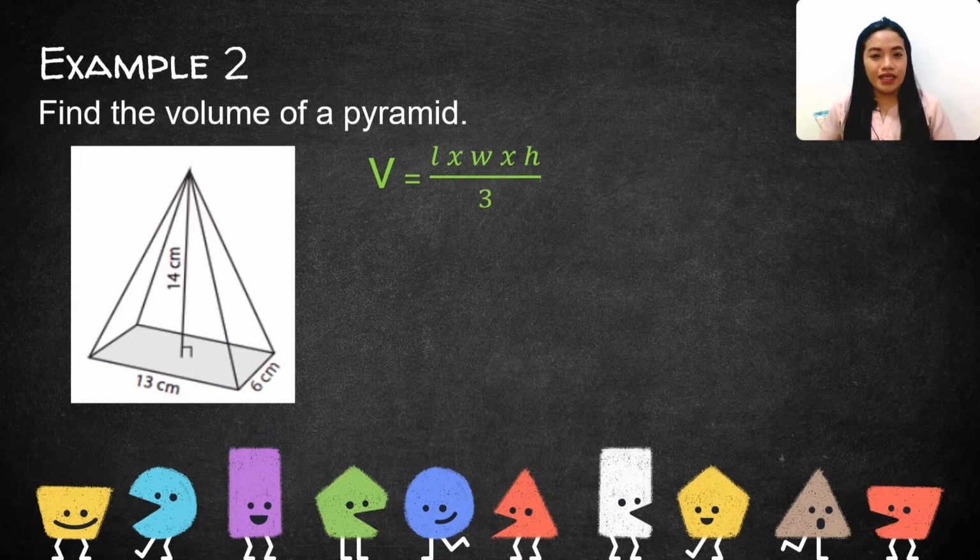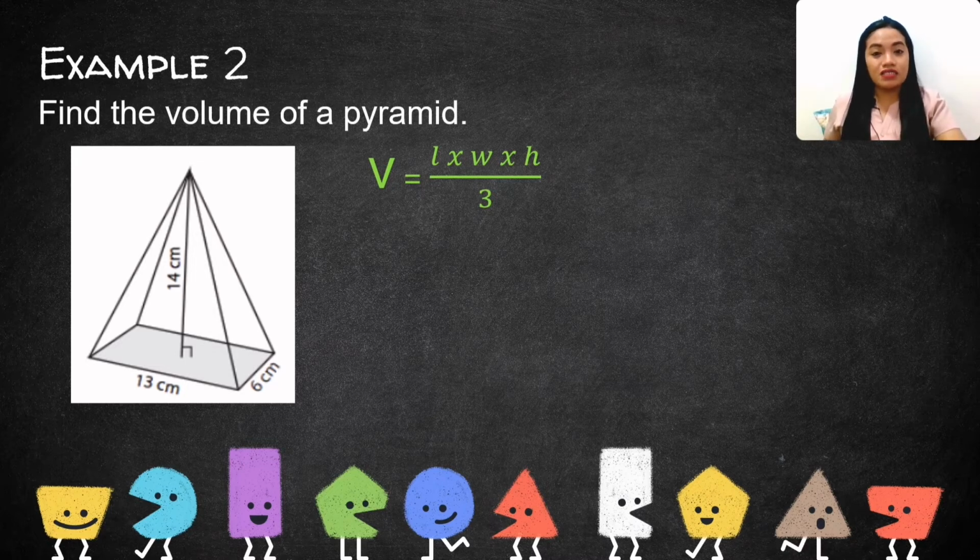So, sabi nga natin kanina, ipinakita ko doon sa video kung paano yung relationship ni pyramid at ni rectangular prism. Si pyramid ay 1/3 lamang. Uulitin ko, 1/3 lamang ni rectangular prism. Kaya meron tayo ditong over 3, or 1/3 times length times width times height.